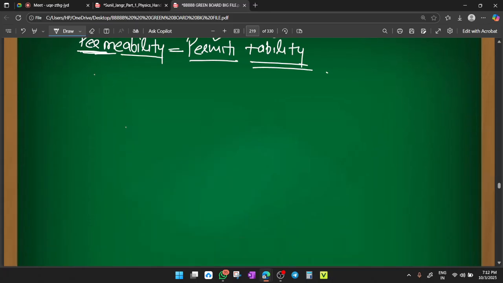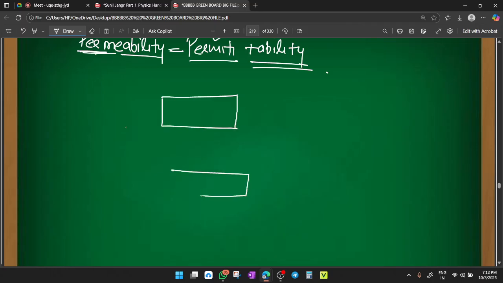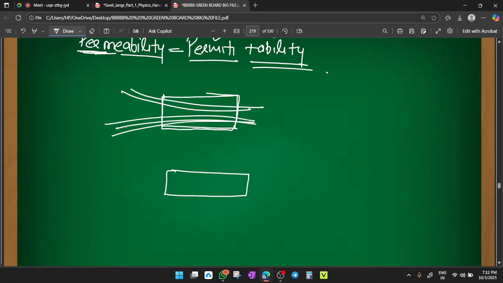Permit ability. See, there is a material. I am giving you two types of material. So permeability is the property of a material. What type of property is it? If there is a material, one material wants maximum number of lines to cross through it. It permits maximum number of magnetic lines of force or magnetic flux through it.